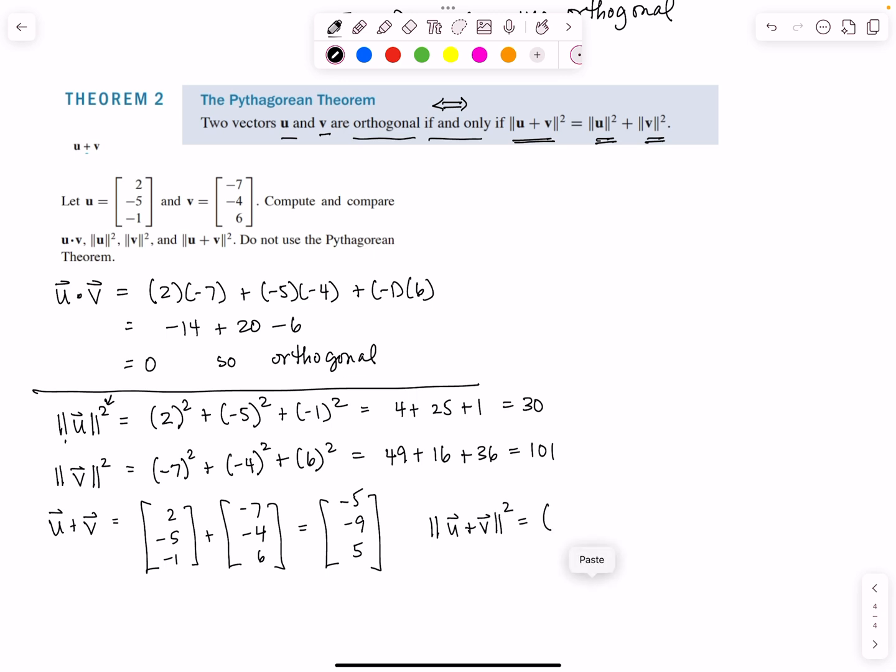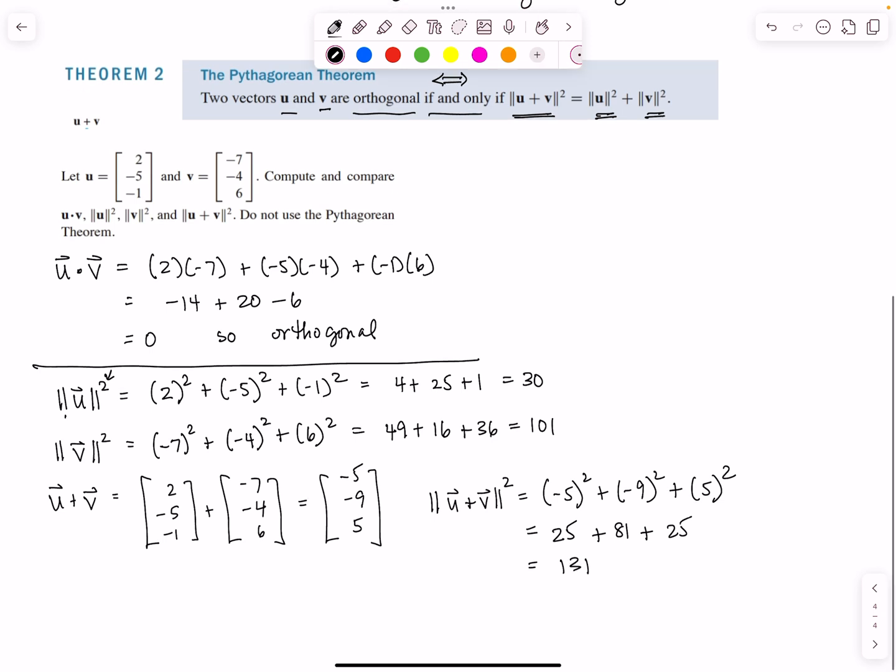So this is going to be minus 5 squared plus minus 9 squared plus 5 squared, 25 plus 81 plus 25, which is 131.